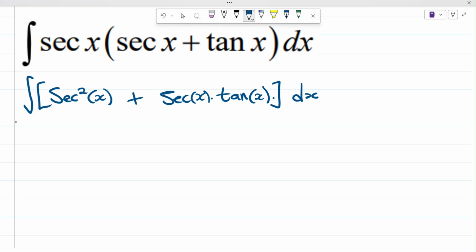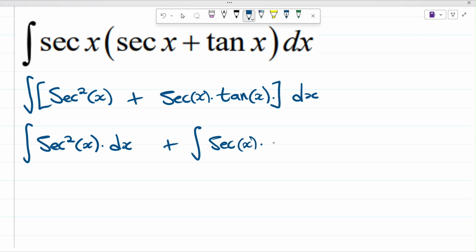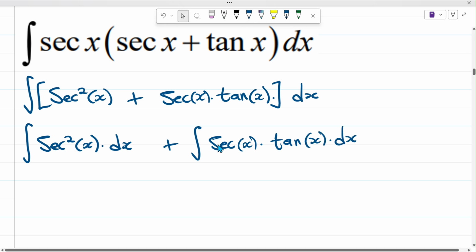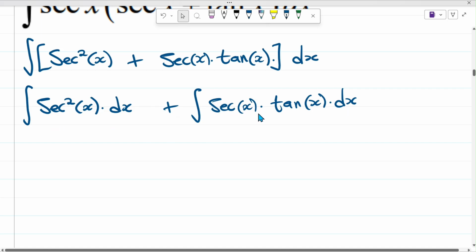Let's just split then, because I can hear you saying split. So the integral of sec squared x dx, plus the integral of sec of x multiplied by tan of x dx. So here you can see that we've got sec squared, and we also have sec x tan x. All right, so we start with this case.